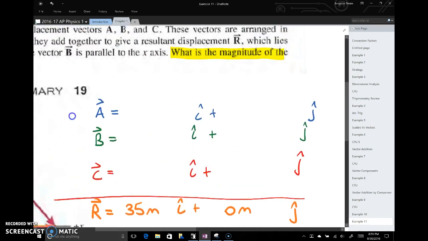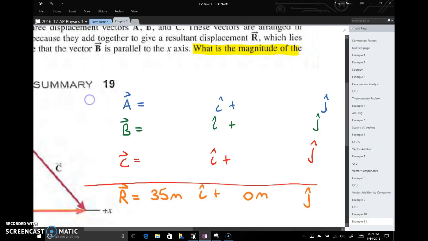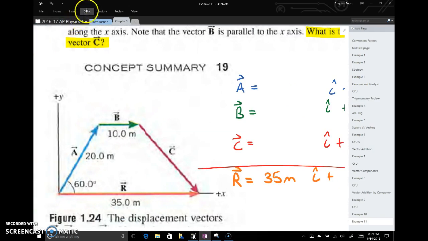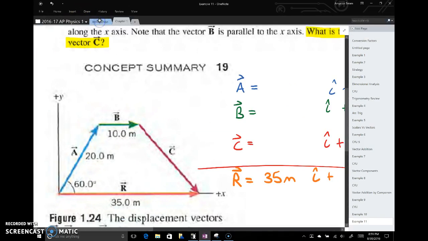So again, the first thing that we're going to do is set up all of these vectors in unit vector notation. So we're going to go with A here. The angle is 60 degrees. And here's our vector A. Okay, so our x component is adjacent, so that's going to be cosine.